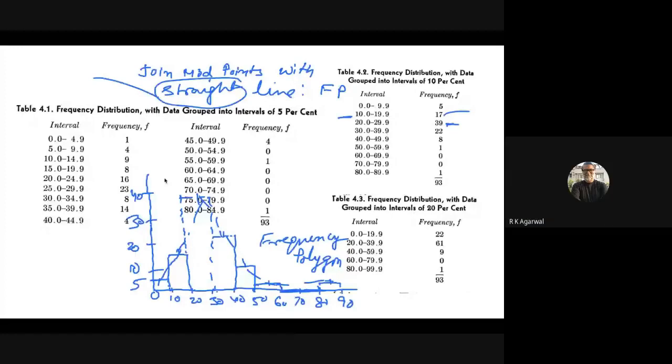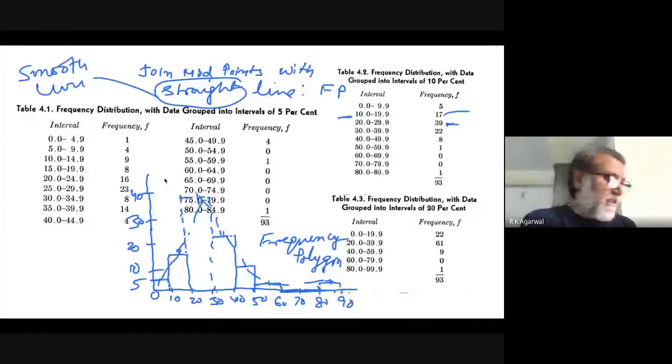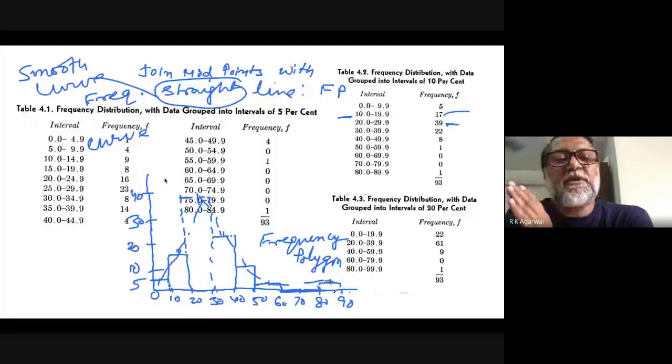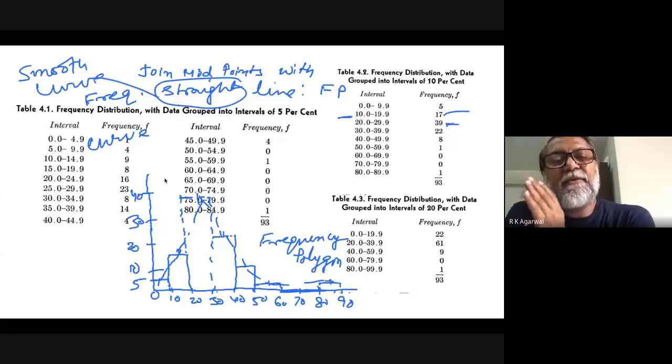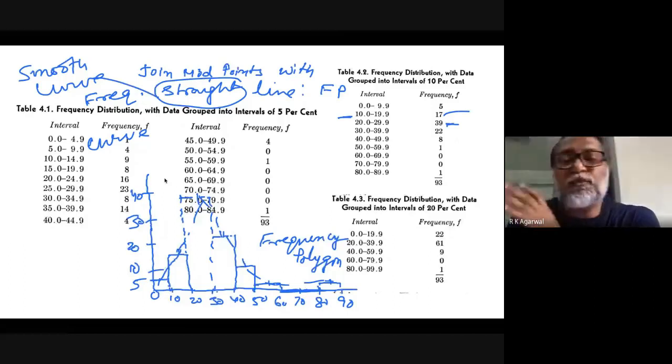If you join midpoints with a smooth curve, then you get a frequency curve. So the difference between frequency polygon and frequency curve is only this much: in frequency polygon, you join the midpoints by straight line, whereas in frequency curve, you join the midpoints by a smooth freehand curve.